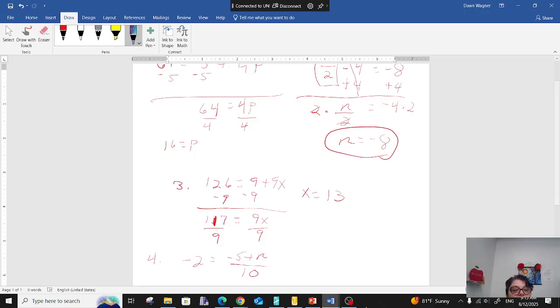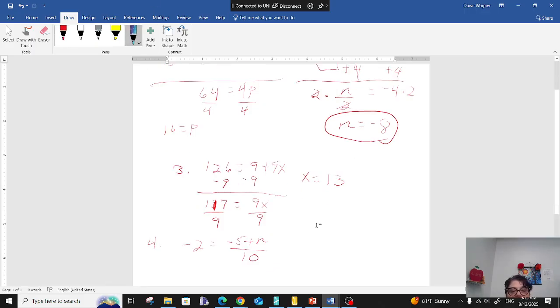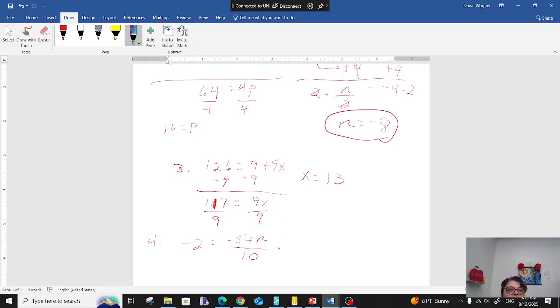How do I clear the fraction? Multiply first. This is one of the few times you multiply before you add and subtract. I need to multiply by 10 on each side so that way the fraction gets cleared. So then I'm left with negative 5 plus n is equal to negative 20.